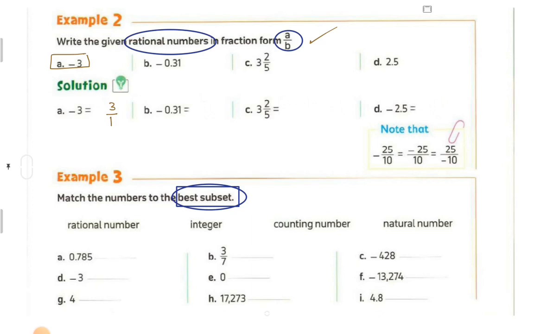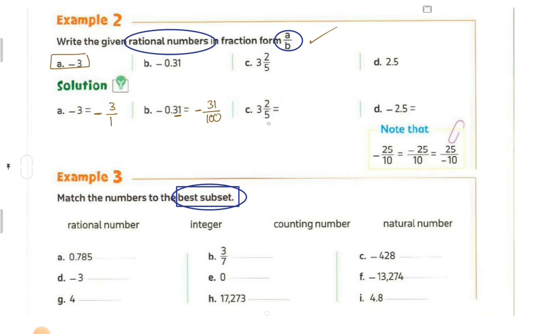It's the same as 3, but don't forget the negative. Next, negative 0.31. We have 2 decimal places, which means hundredths. We can write it as 31 over 100.